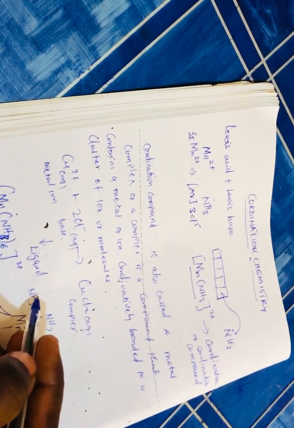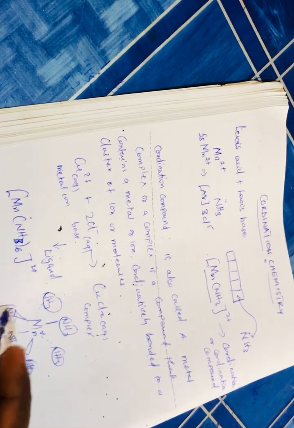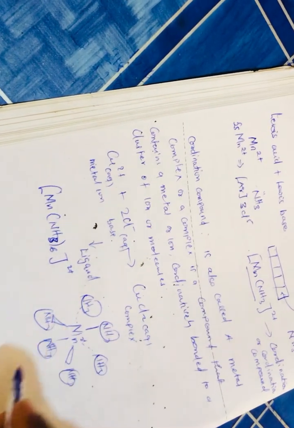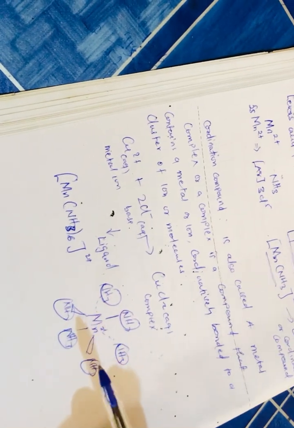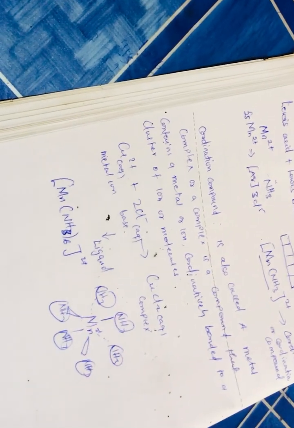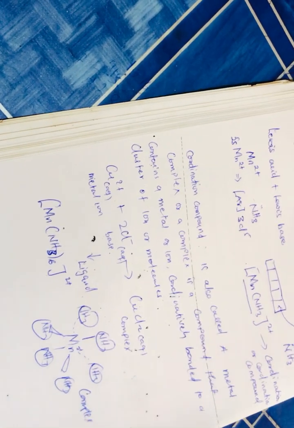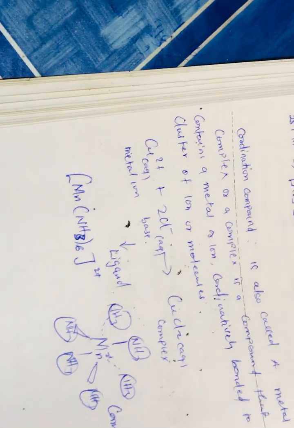So all this ammonia, 1, 2, 3, 4, 5, 6, they all donate an electron. They are coordinatively bonded with the central metal ion, the manganese ion here, and that's the coordination complex that we have formed over here.